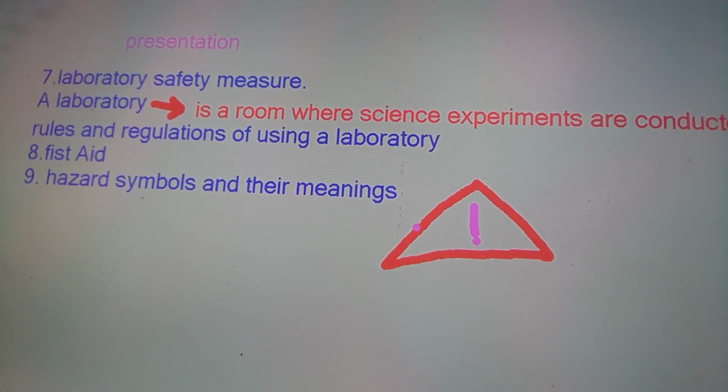If we draw a symbol like this, it means there is risk of electric shock.